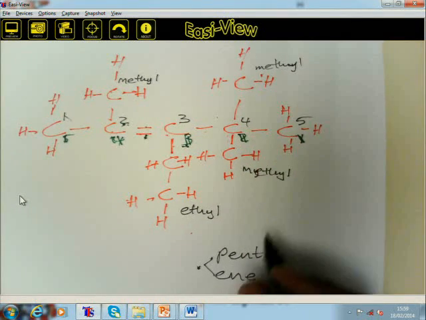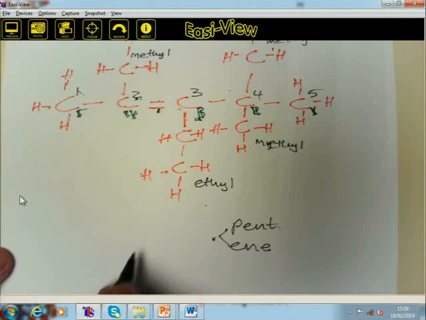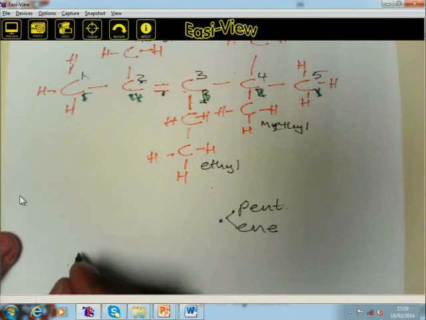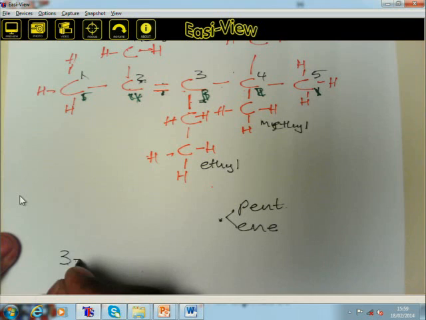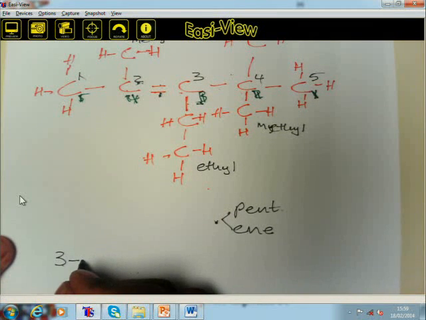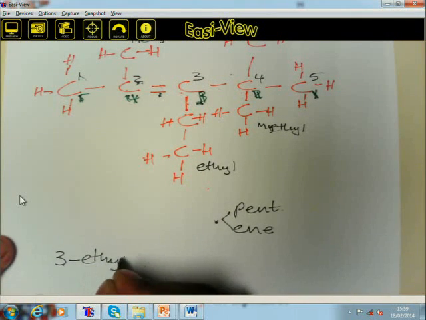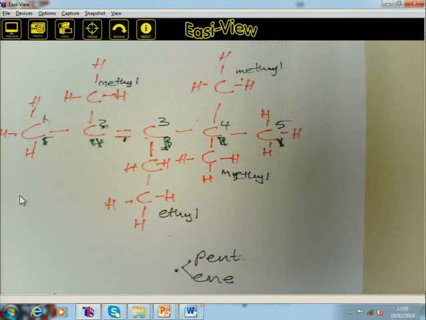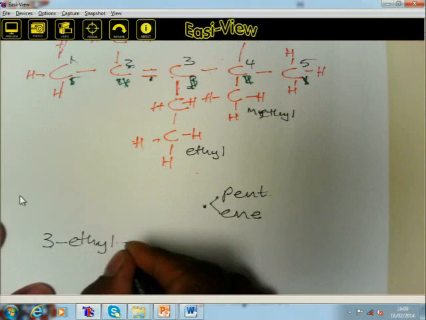And then at carbon number 3, I've got an ethyl. All right. And then another dash.